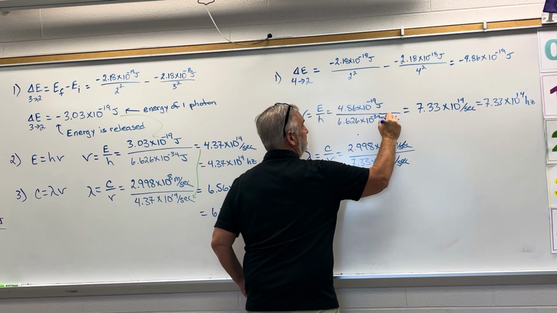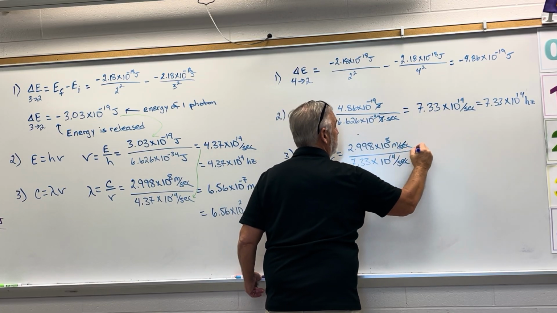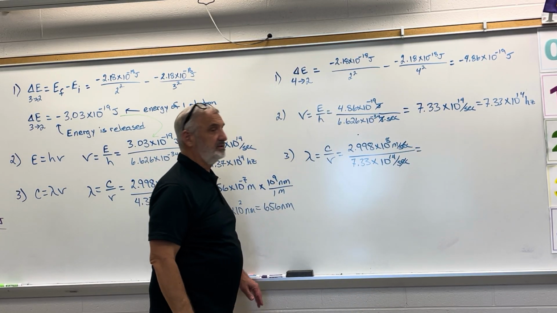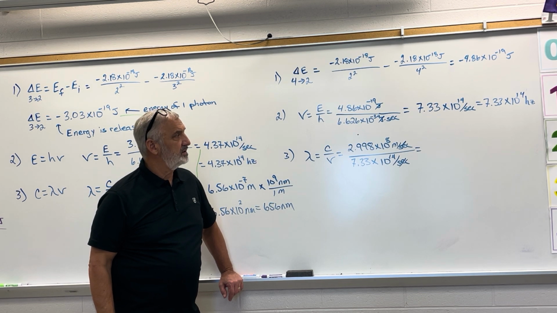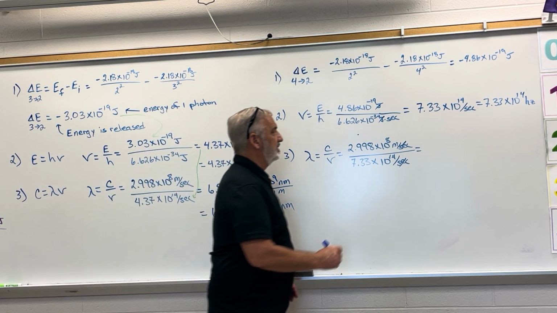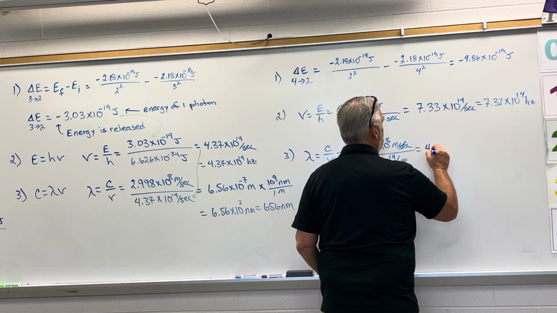Seconds cancel, joules here cancel. This comes out to equal 4.09 times 10 to the negative 7.